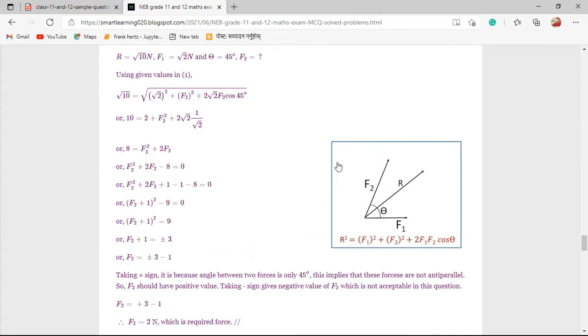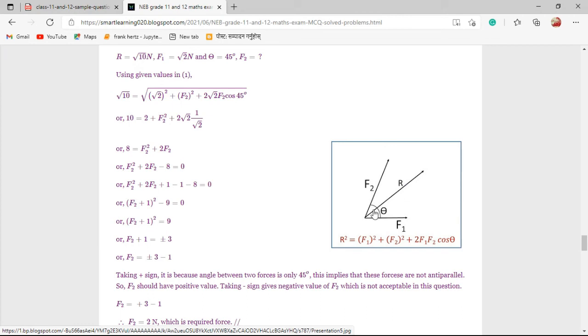You can simply understand by the figure. This is F1, F2. If F1 is assumed as the given value, root 2 Newton, then you have to find F2, and this is the relation for finding the resultant of two forces. R is considered as the resultant of two forces.